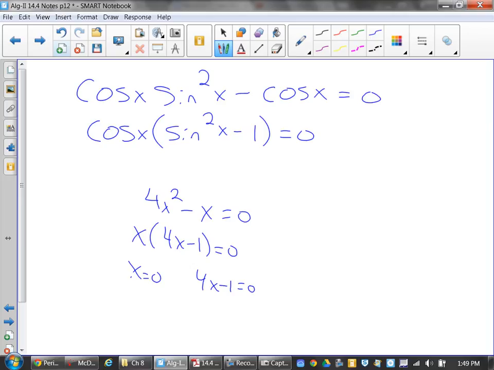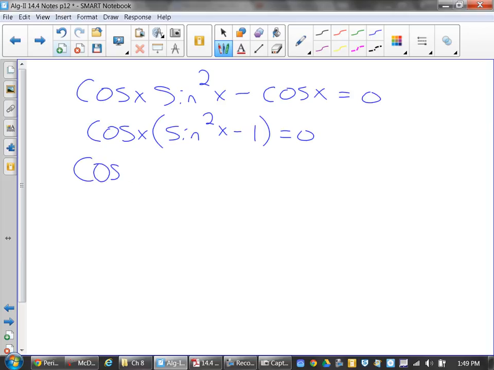We're doing the same thing with sines and cosines. So in this case, you wind up with two problems eventually. You have cosine of x equals 0, or sine squared of x minus 1 is 0.